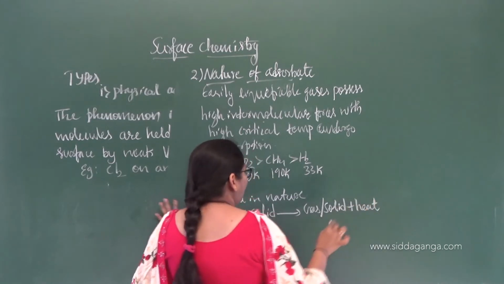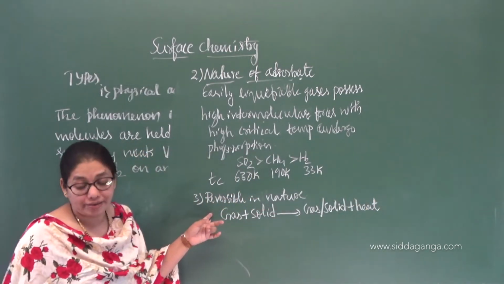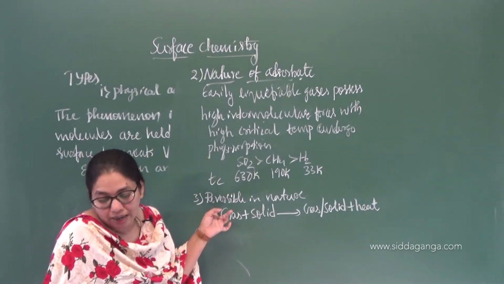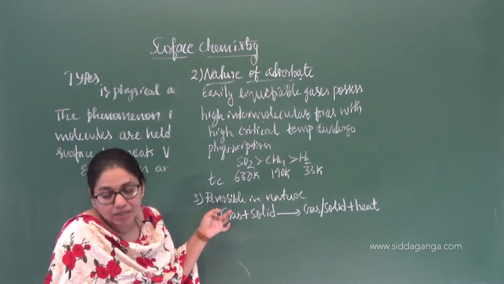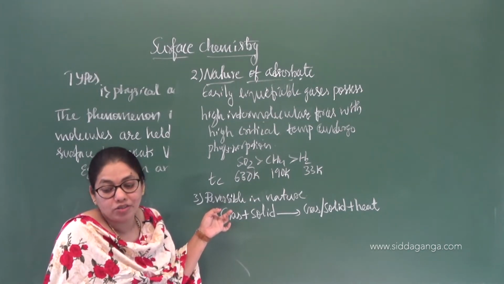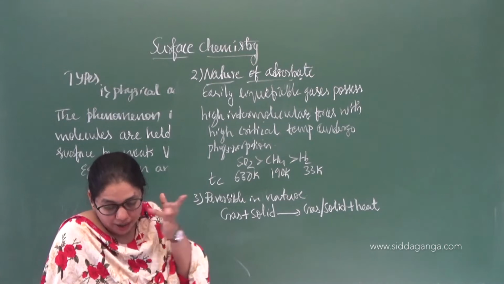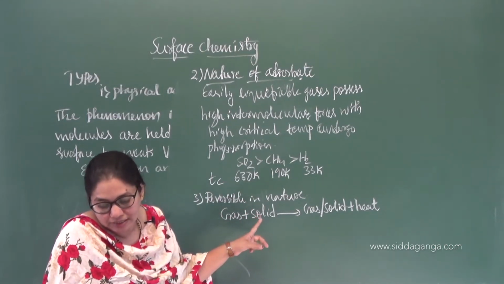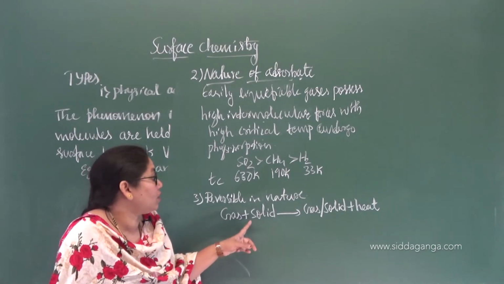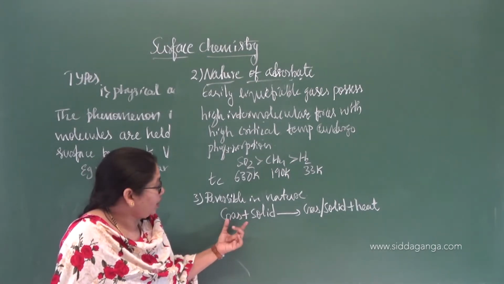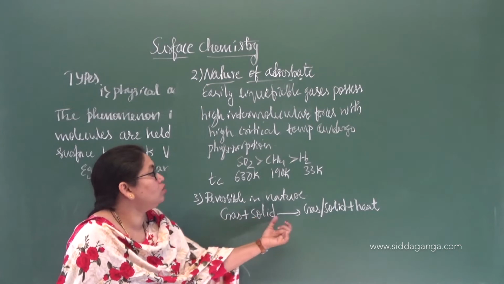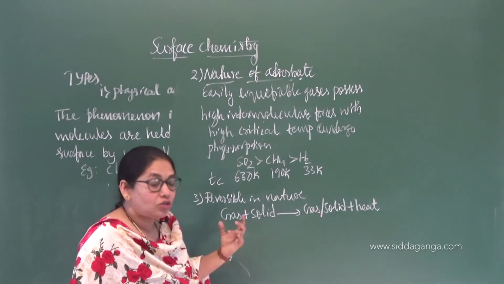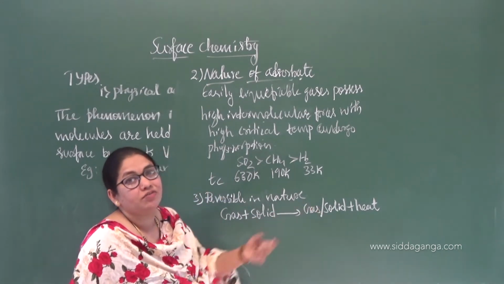As you know, adsorptions are usually exothermic in nature. So at higher pressure adsorption readily takes place, and when pressure decreases, desorption takes place. Like that is the concept. So look at the reaction here: gas plus solid gives rise to gas-solid. So the gas has been adsorbed on the surface of the solid.